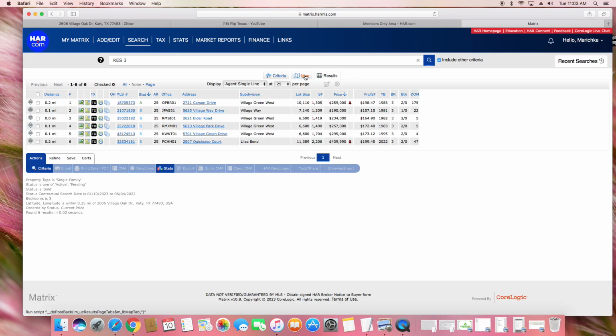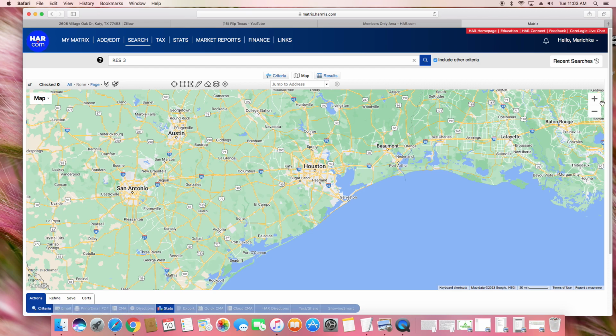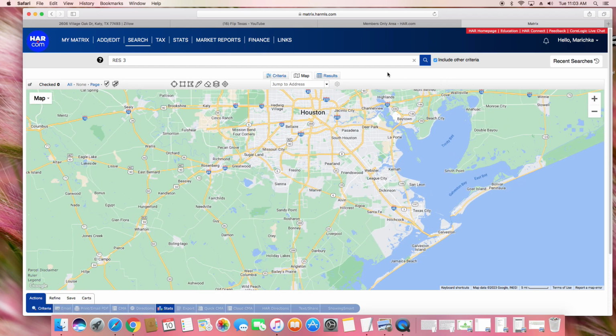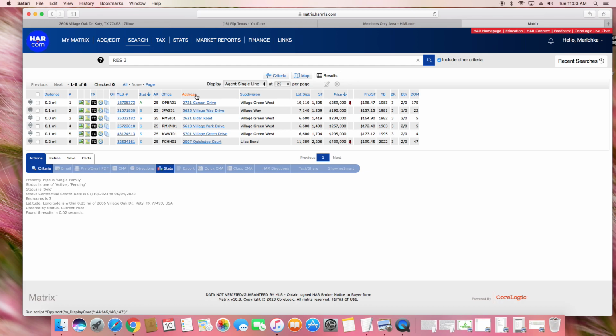We'll have to work on that. I don't know why that's zooming out so much. It shouldn't be doing that. Usually you can go to the map section and make sure that none of these comps are crossing major roads. But the first thing when I look at these is I look at the days on market in regards to this property, and I see the days on market's pretty low as long as it's reasonably priced.